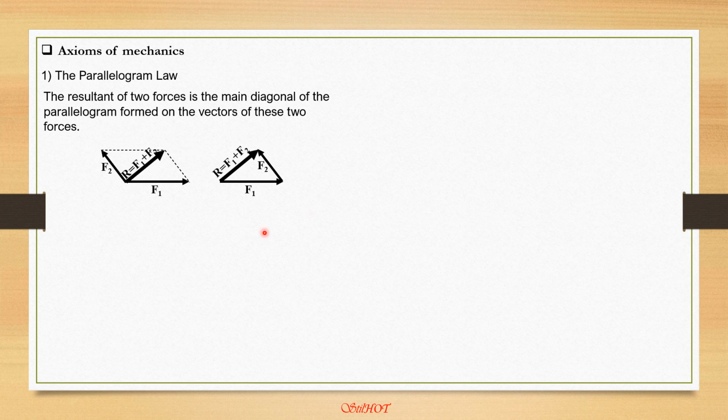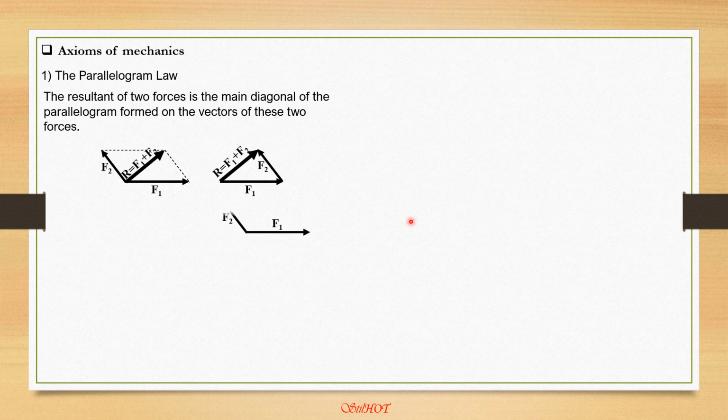So the question is, if the main diagonal of the parallelogram is the geometric sum of the two forces, what does the other diagonal represent? So the answer is it's the difference of the two forces.